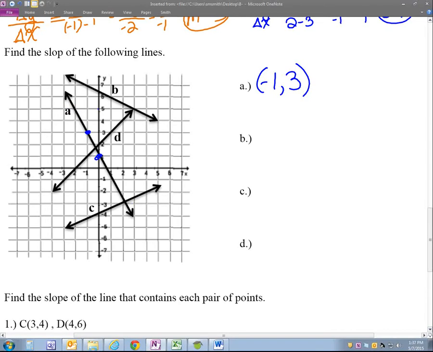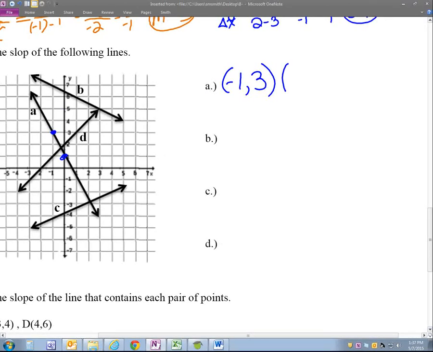So let's find our slope here. We're going to find the change in y over the change in x. To do that, we do the first value of y minus the second value of y. Here's the first one, here's the second one. Then we have the change in x: the first value of x, -1, minus the second value of x, 1.